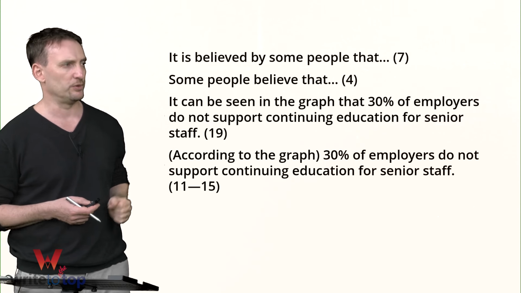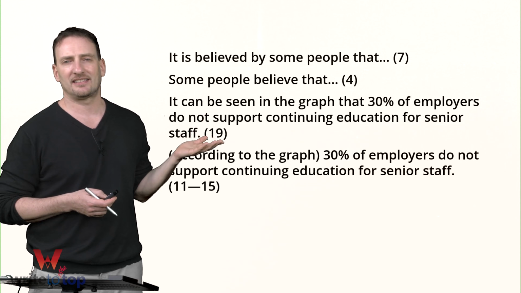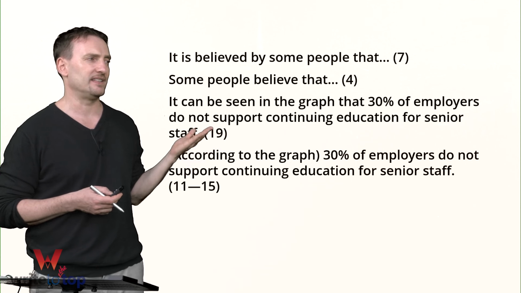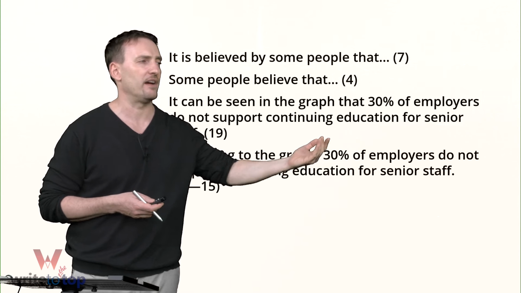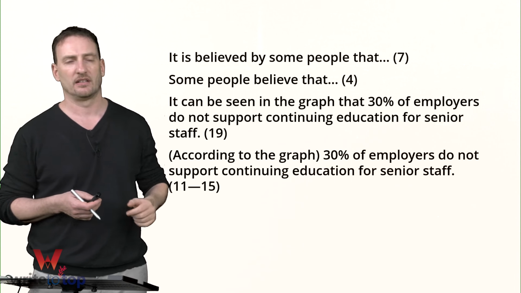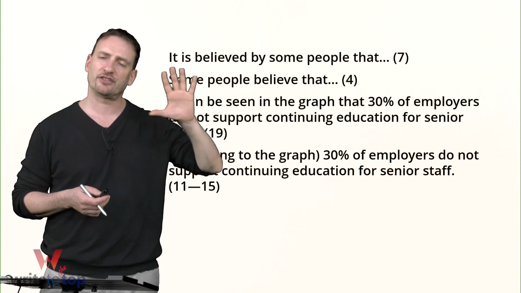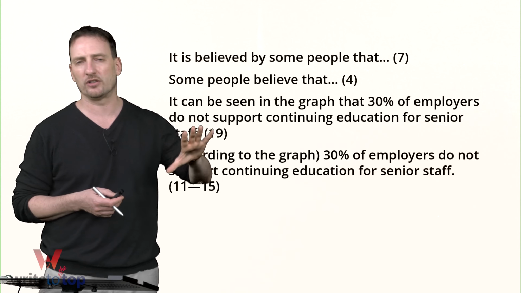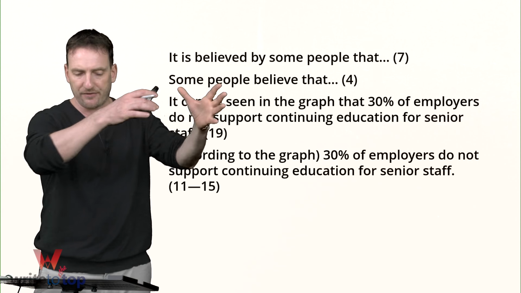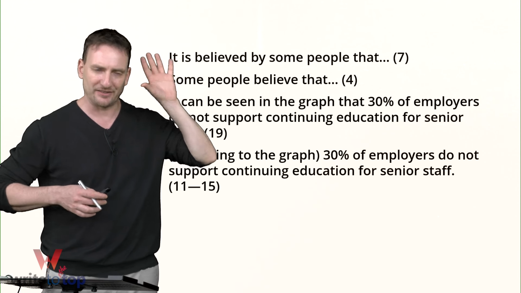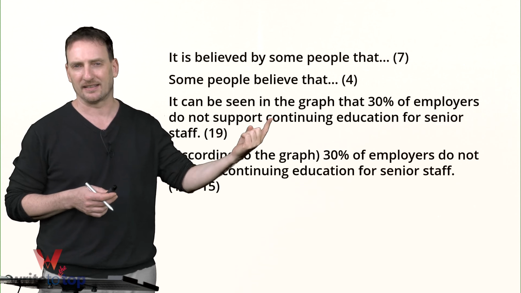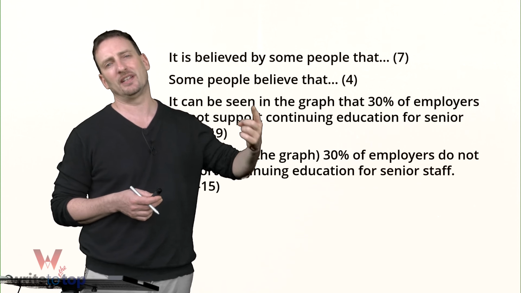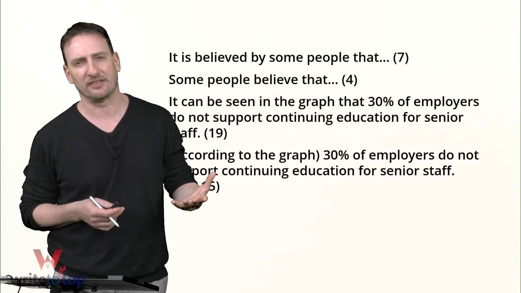Active, short, move on. In IELTS Task 1, this is a very common thing I see. "It can be seen in the graph that 30%." It can be seen in the graph. First of all, you introduced what we're looking at in the introduction paragraph. Everything that comes in the body is from the graph. You don't need to tell me that. And you especially don't need to tell me that in a passive form.